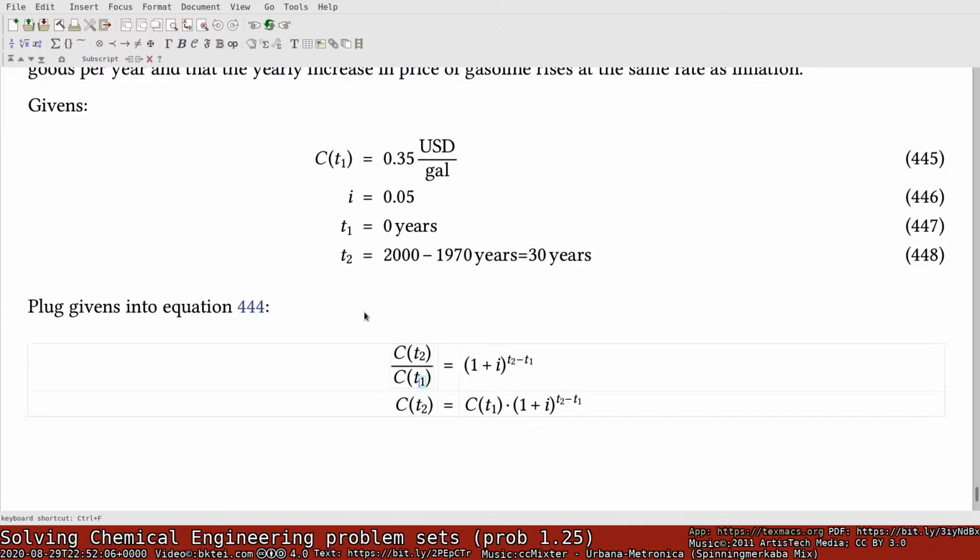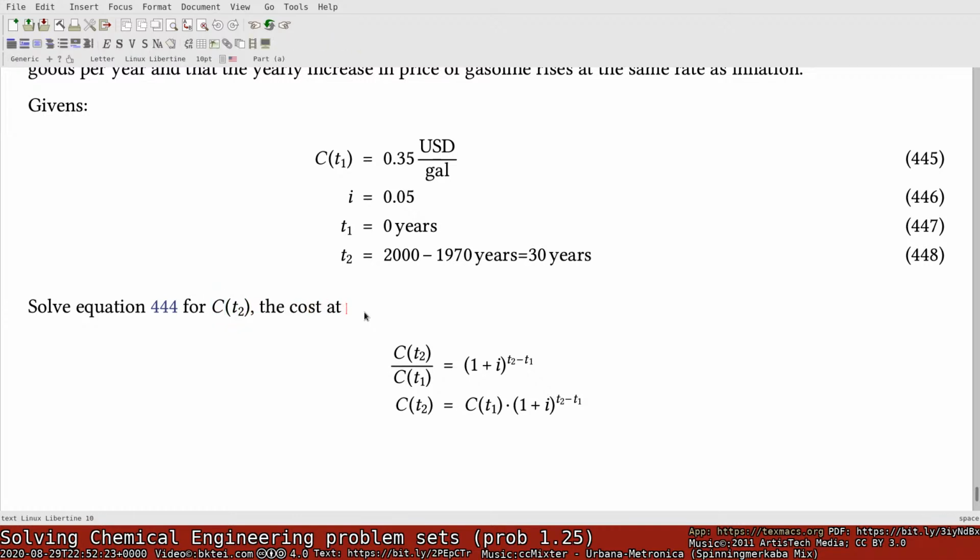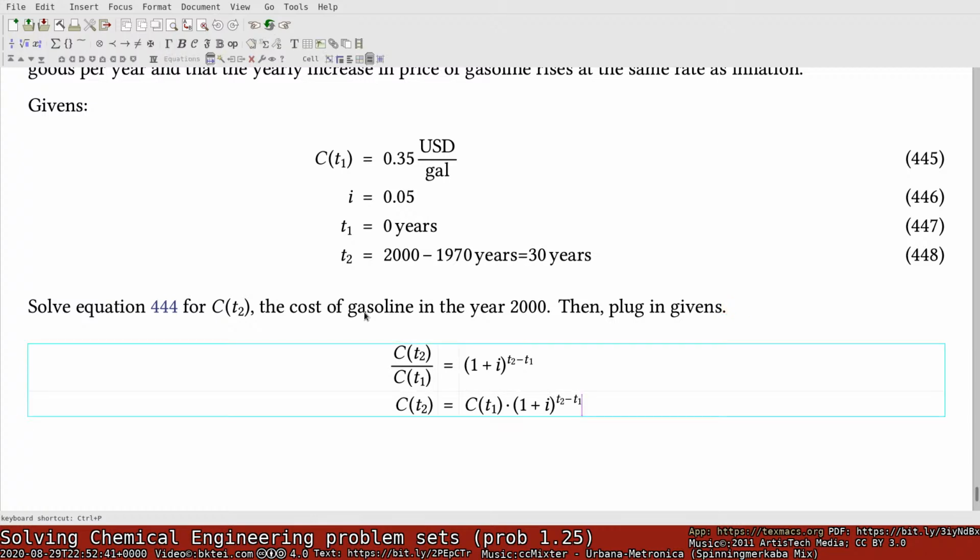All right. Let's first solve the equation for CT2, the cost of gasoline in the year 2000. Then plug in givens.